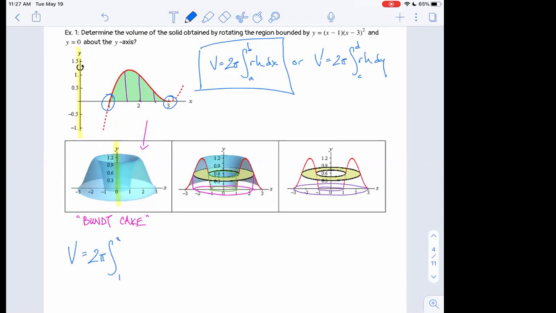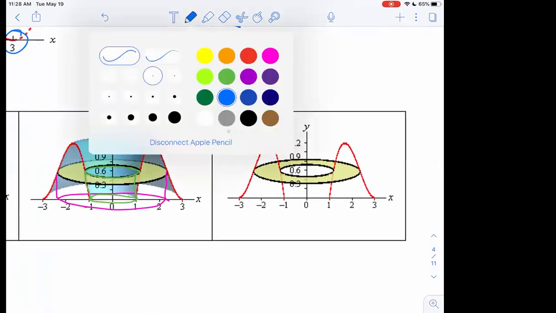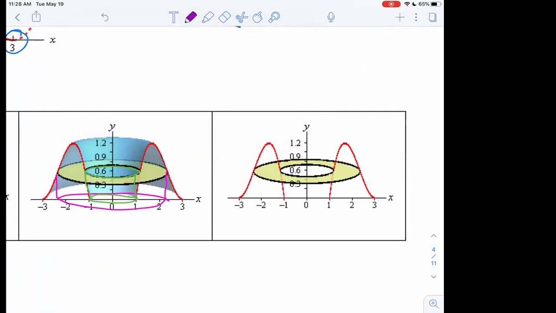Now the radius is going this way. Okay, so I asked you earlier, where is the tallest shell and where is the shortest shell? But let's go back to this diagram for a moment. I'm wondering if you can tell me where the shell with the smallest radius is.